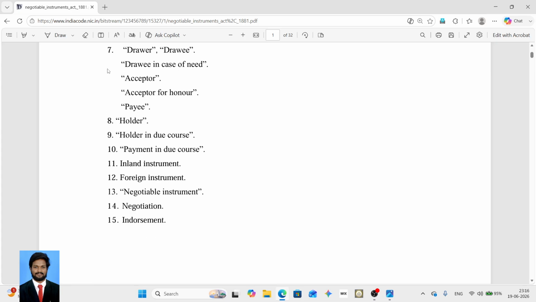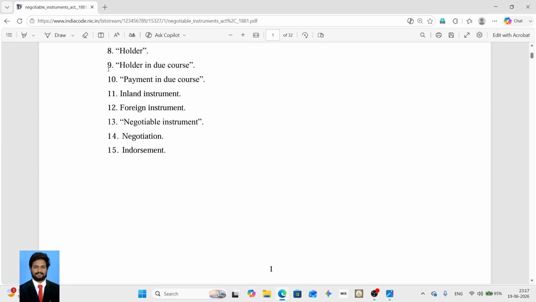Section 7, drawer and drawee, drawee in case of need, acceptor, acceptor for honor, payer. 8, holder. 9, holder in due course. 10, payment in due course. 11, inland instrument. 12, foreign instrument. 13, negotiable instrument.